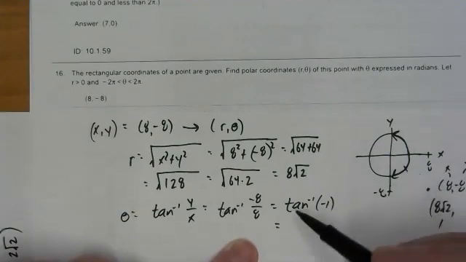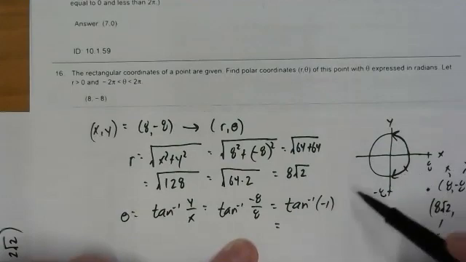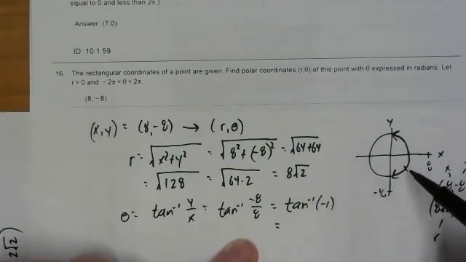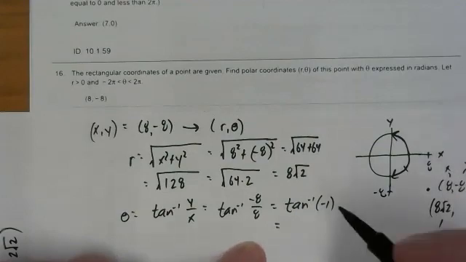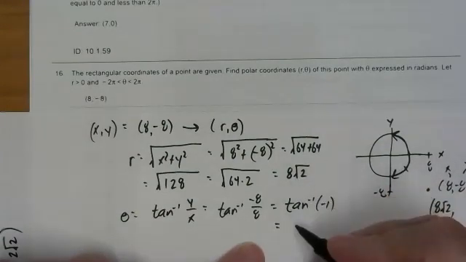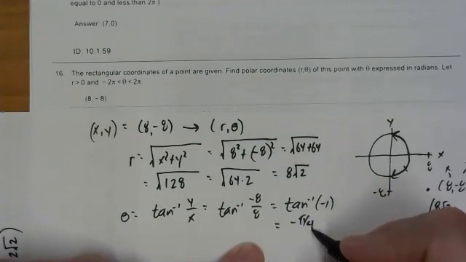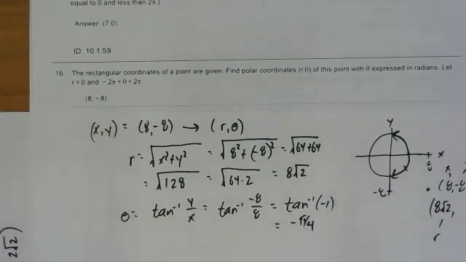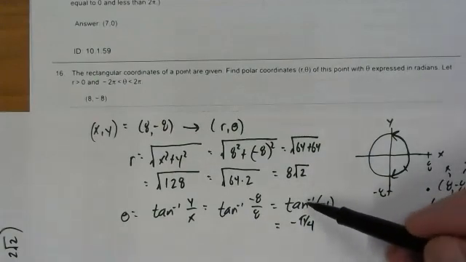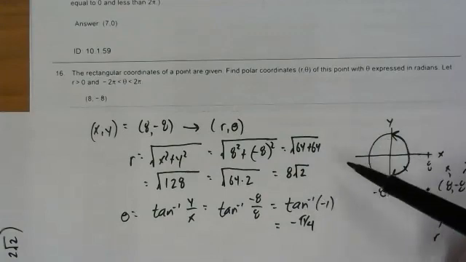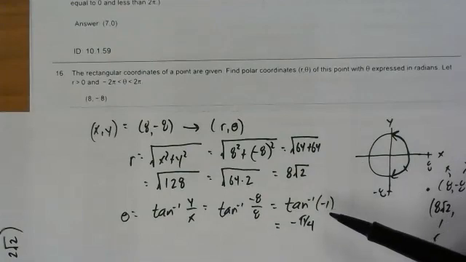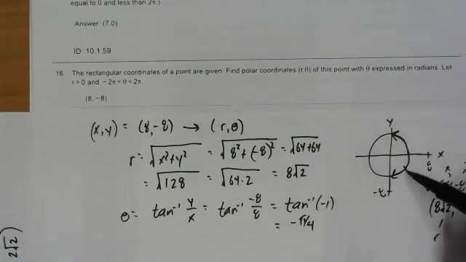Or another way to say it, since tangent is sine over cosine, I'm looking for the angle where the sine and the cosine are the same number, but the answer is negative. Let me write down what this is, and make sure everybody knows how I got this. Since tangent is sine over cosine, I'm looking for an angle where the sine over the cosine is -1. And that's going to happen here at -π/4.